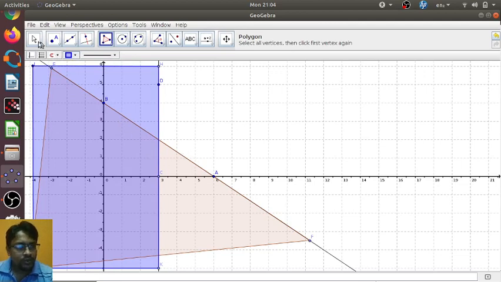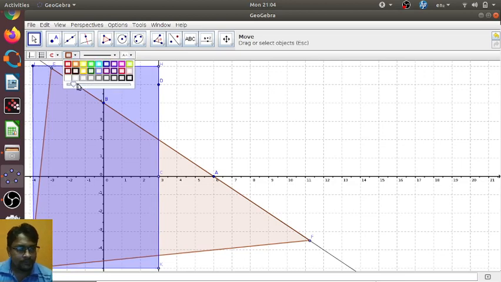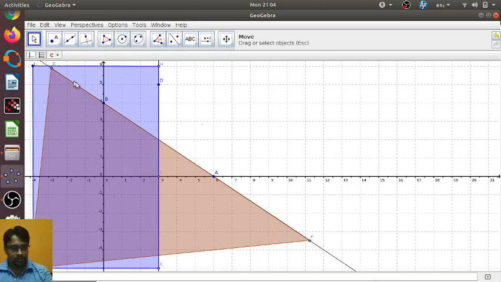So this portion is represented by this brown color, and x less than or equal to 3 is represented by the blue color.